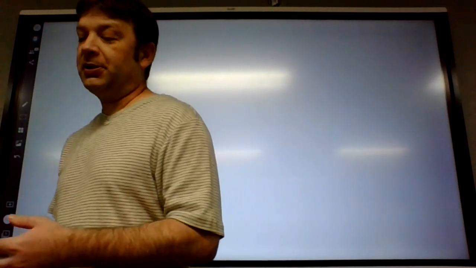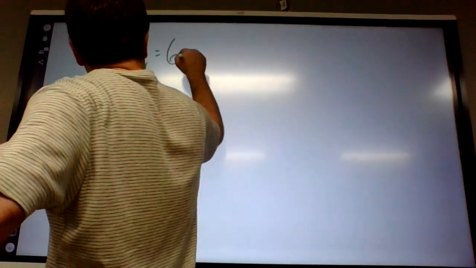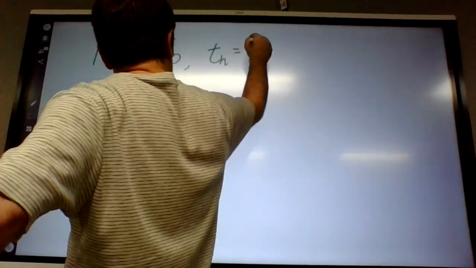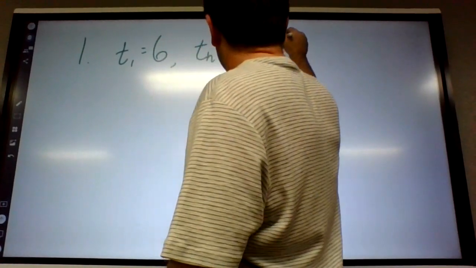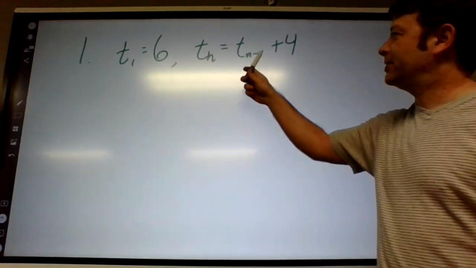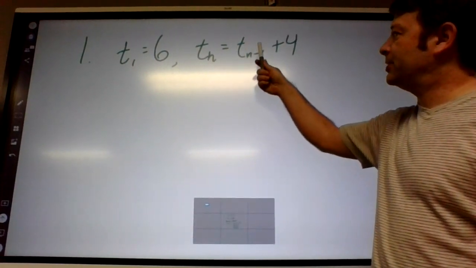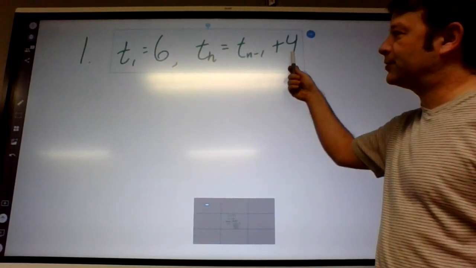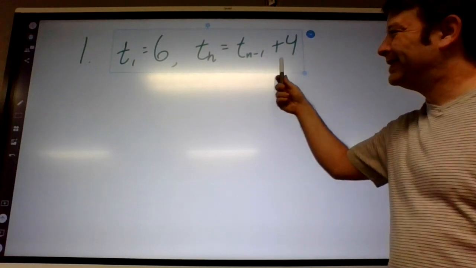So it says t sub 1 equals 6. Well, we can kind of cheat here. I probably shouldn't on the first one, maybe on the next one. t sub 1 equals 6, t sub n equals t sub n minus 1 plus 4. So basically, all the new terms are going to be the old previous term plus 4. Got it?